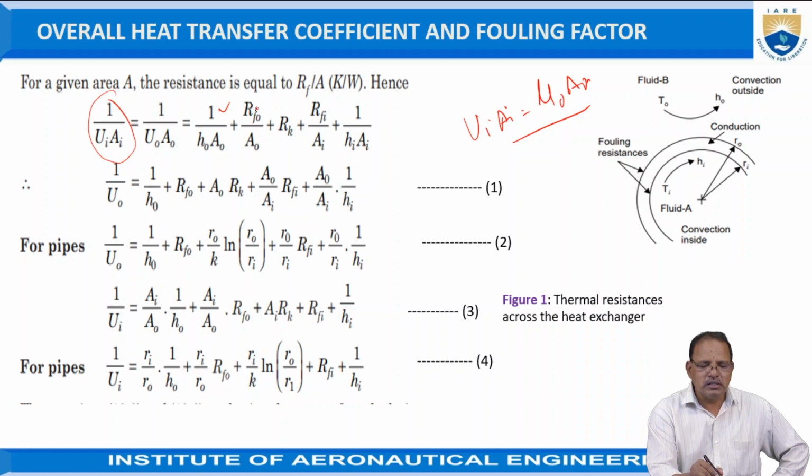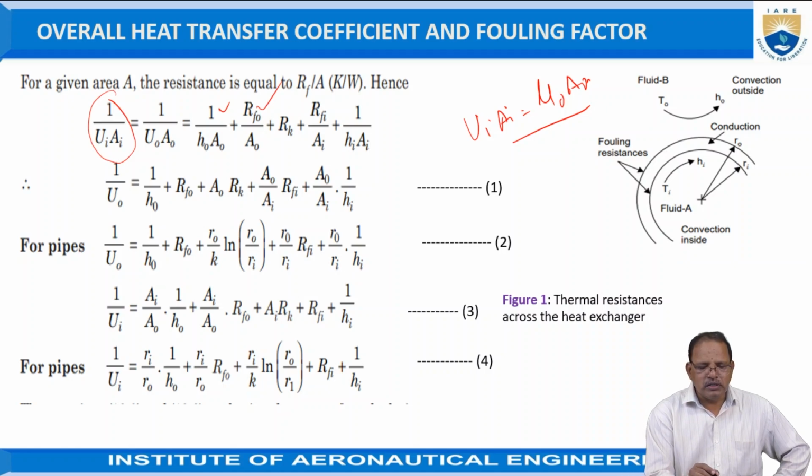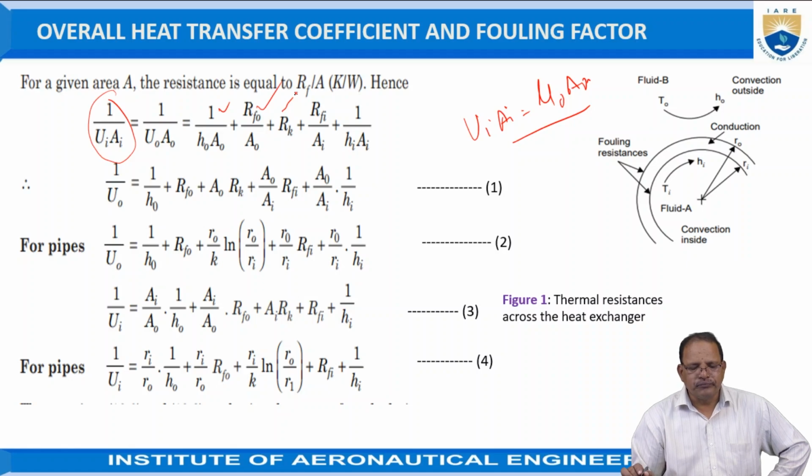The second one is the fouling resistance per unit area, that is A naught. One more is RK, the resistance offered due to the conduction process. Again one more is the fouling factor, the fouling resistance at the outside of the tube. Again the convection process, 1 by H I A I, at the inside.